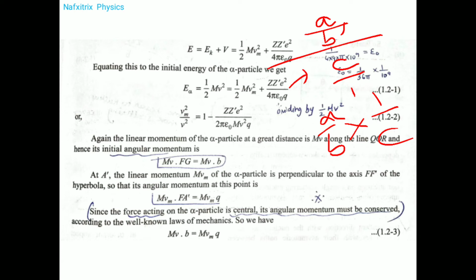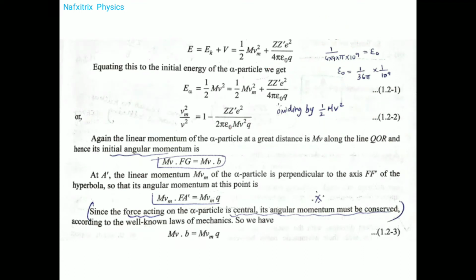That is 4 pi epsilon naught into half mv square. The 2 would get cancelled. It is just like half mv square we need to write here. 2 ones are 2, so that's why 2 pi, and this mv square is still remaining in the denominator.